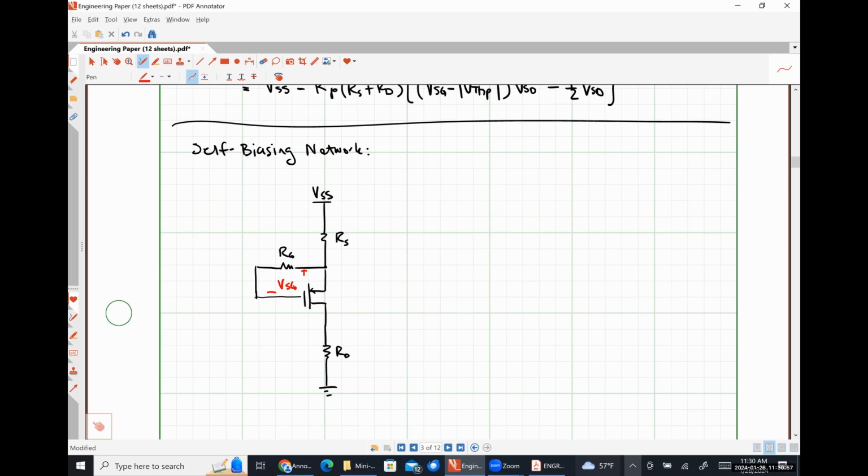This is our voltage VSG. This is our drain current ID. This is our voltage VSD.